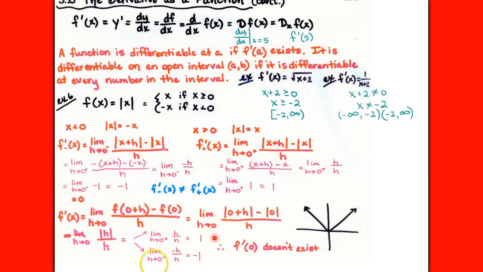But if I'm looking at this as I approach 0 from the left-hand side, all of those values are going to be less than 0, so if you take the absolute value of a negative number, you get the opposite of what you started with, so negative h over h is going to give me negative 1. And we've learned that the limit from the left doesn't equal the limit from the right. That means the overall limit doesn't exist. So if the definition of derivative doesn't exist at 0, then that just means that the derivative does not exist at 0.